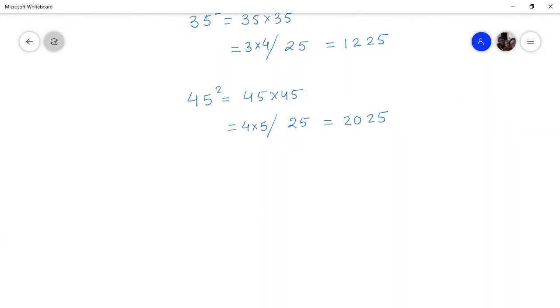Let us say you want to square 85. So this will be 85 into 85. 5 5s are 25, so this will be 25. Then 8 multiplied by 1 more than 8, that is 9. So this will be 9 8s are 72, 25.